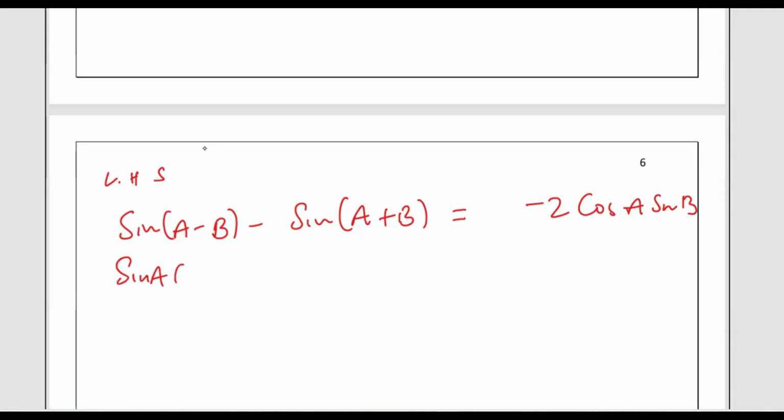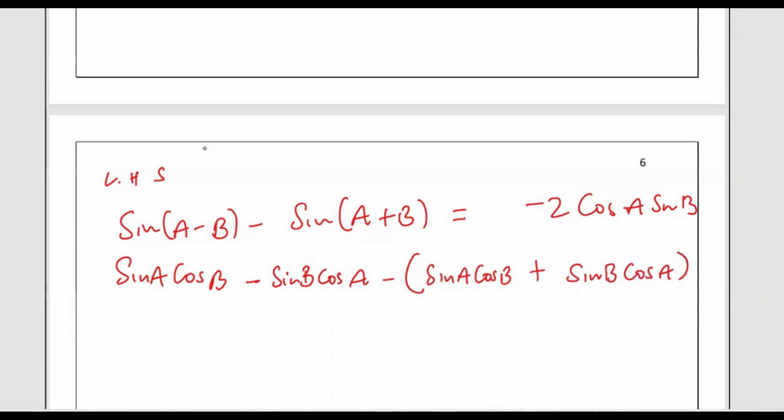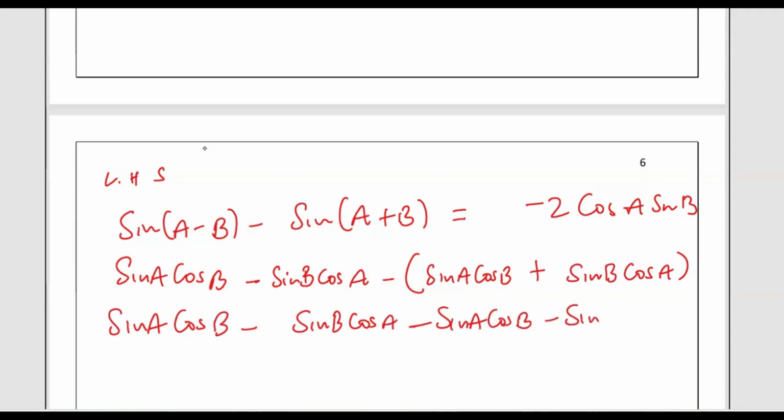You're going to have sine a cos b minus sine b cos a, and then minus, it's going to be sine a cos b plus sine b cos a. Open up further.